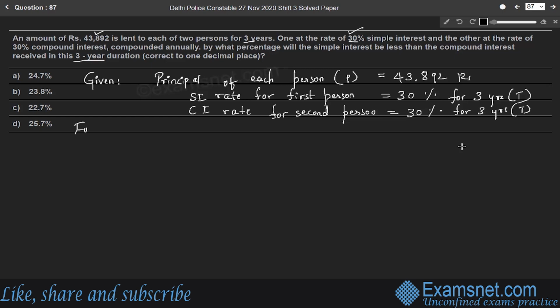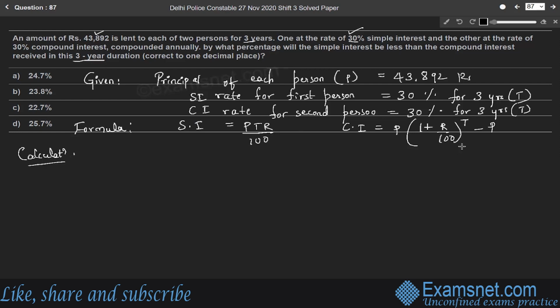So here we are using the formula to find the simple interest, which is PTR by 100, where P is principal, T is time period, R is rate of interest, and the compound interest is equal to principal into 1 plus rate of interest by 100 to the power of time period minus principal amount, right? So come to the calculation part.